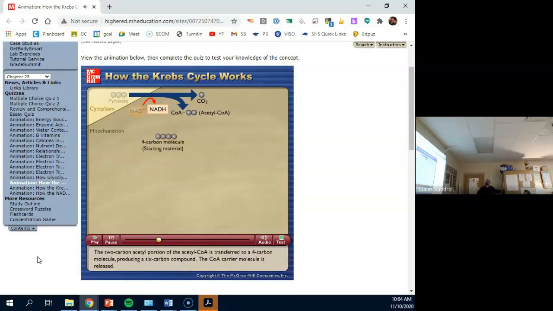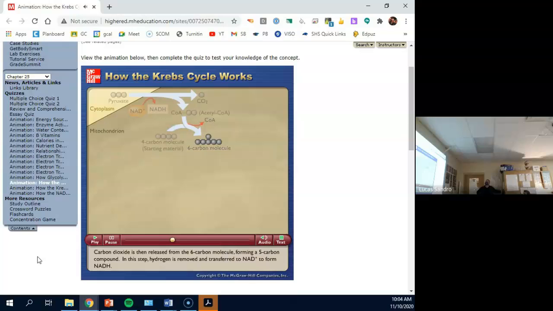The 2-carbon acetyl portion of the acetyl CoA is transferred to a 4-carbon molecule, producing a 6-carbon compound. The CoA carrier molecule is released. Carbon dioxide is then released from the 6-carbon molecule, forming a 5-carbon compound.